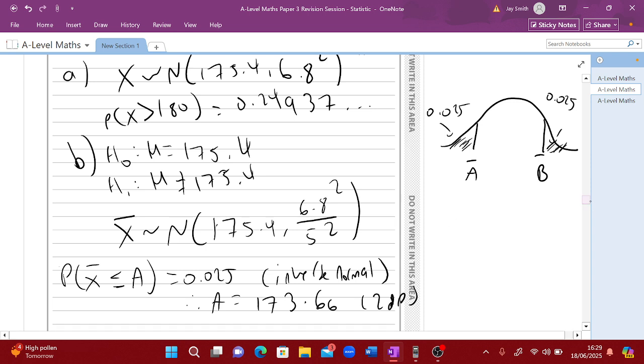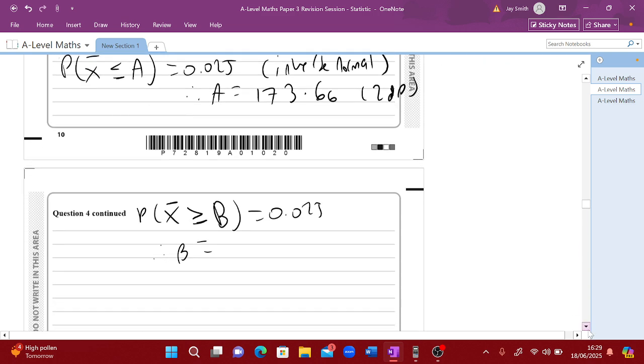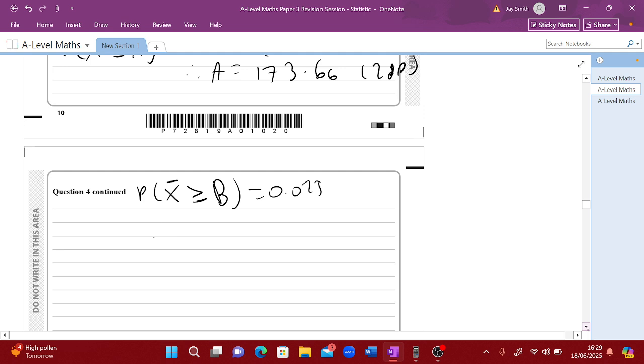So if this area is 0.025 on the right, then anything before it is going to be 1 minus 0.025. That's the same as saying the probability that X bar is less than or equal to B is equal to 1 minus 0.025, which is 0.975, and that's what you're going to want to say here.